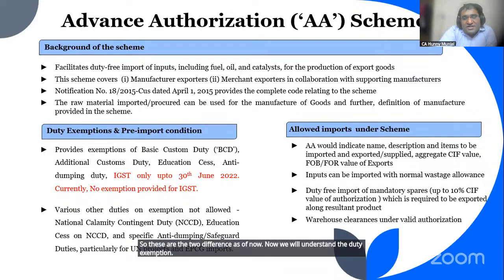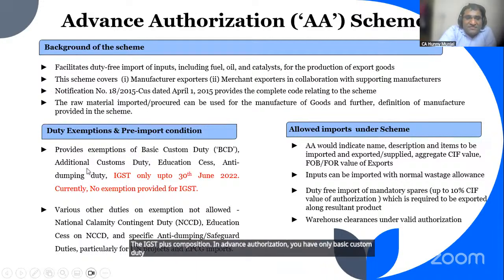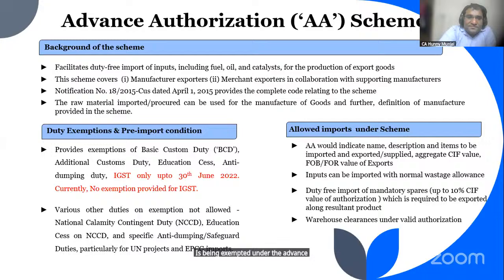As we understood, in EPCG you have the BCD benefit, the basic custom duty, the IGST plus compensation cess. In advance authorization, you have only basic custom duty benefit, which is custom duty along with other custom duty, additional custom duty, education cess, anti-dumping duty, everything which relates to custom duty is being exempted under the advance authorization scheme.